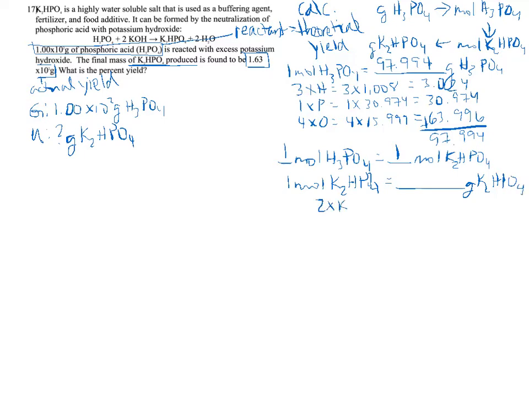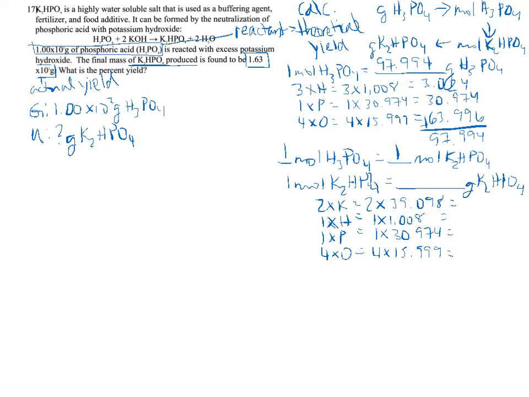So we have 2 times potassium, 1 times hydrogen, 1 times phosphorus, 4 times oxygen. So that is 2 times 39.098, 1 times 1.008, 1 times 30.974, and 4 times 15.999.